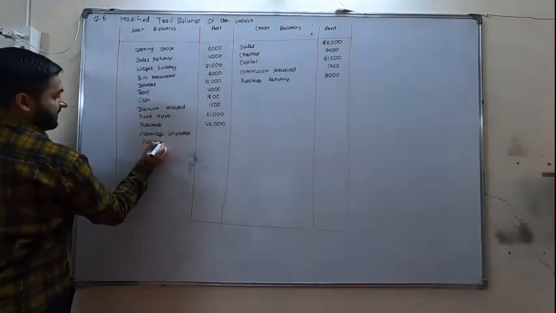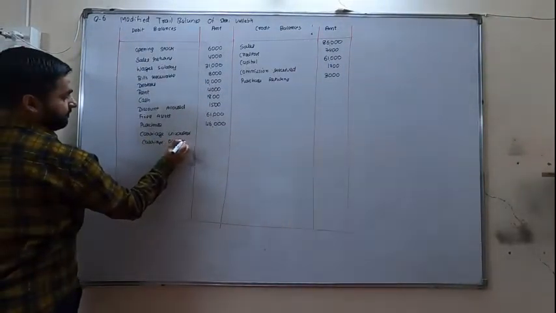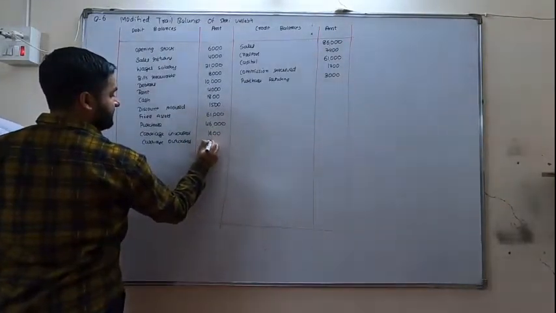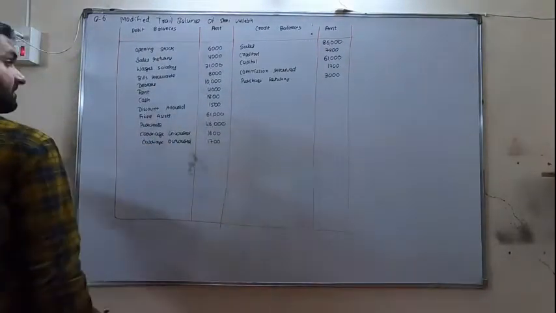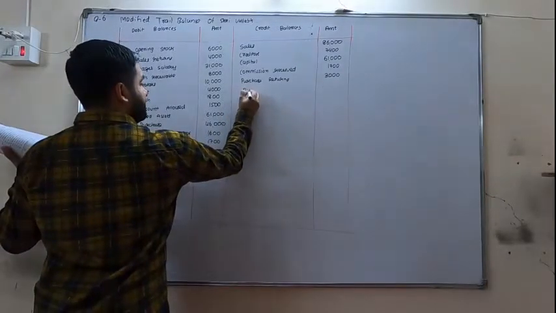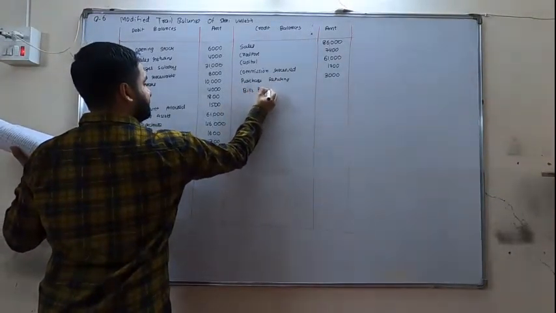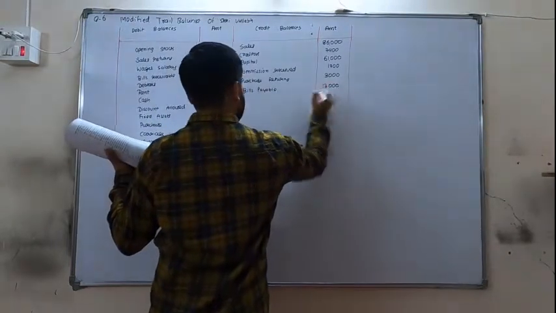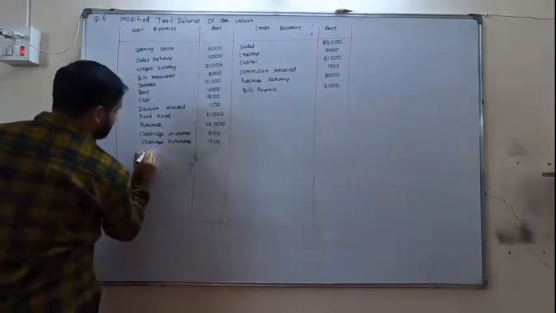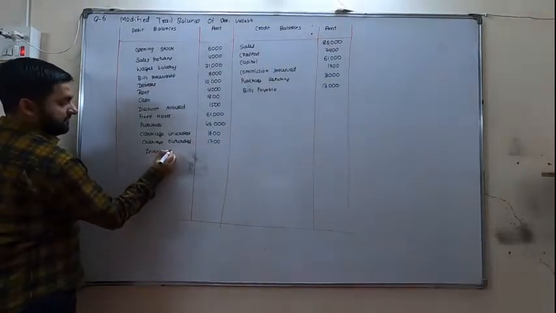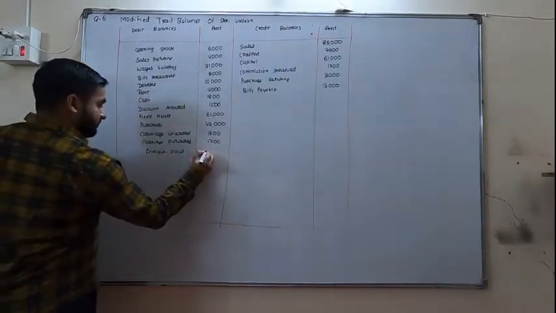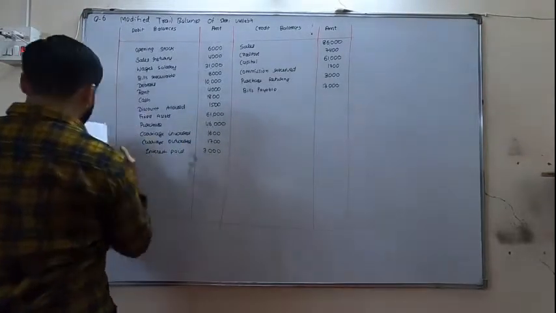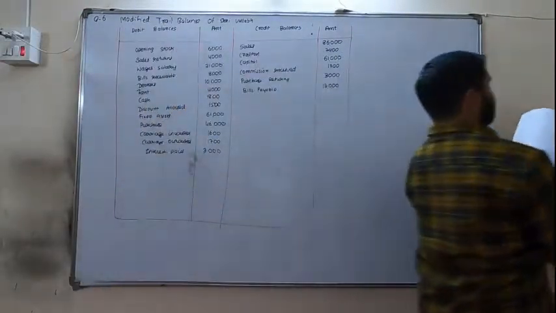Carriage inward and carriage outward, 1,600 and 1,700, both are our expense. Bills payable will be on the credit side as it is a liability, 13,000. And last, interest paid is our expense, 4,000. No, sorry, 3,000.